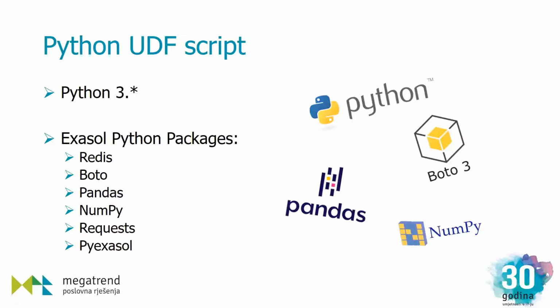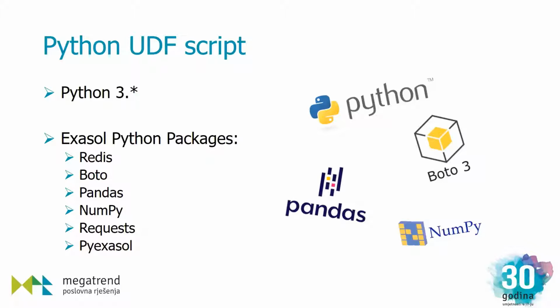The Python version is 3 and higher, and there are also some packages in Exasol that are embedded, like Redis, a connector to the Redis database; Boto, a connector for Amazon Web Services; Pandas, a package for manipulating data in Python; NumPy for some analytics and mathematics operations; Requests, used for web scraping; and PyExasol, a package for connecting one Exasol database to another Exasol database.